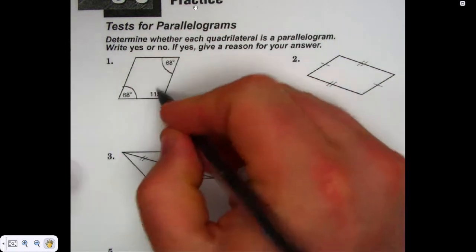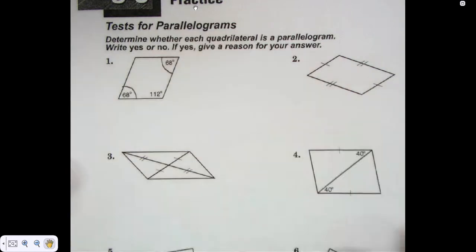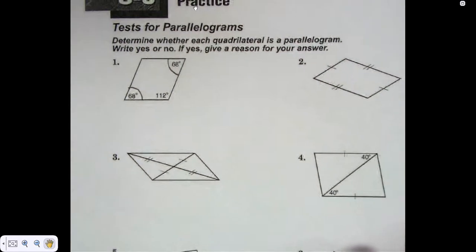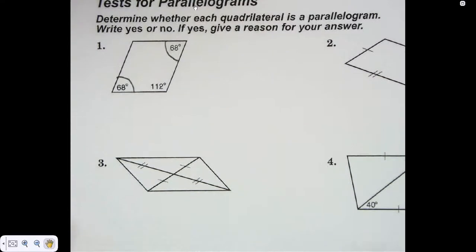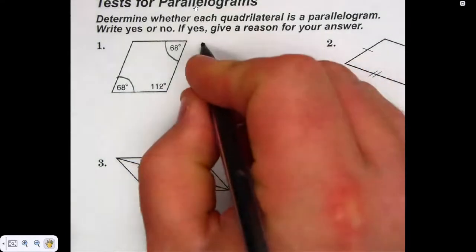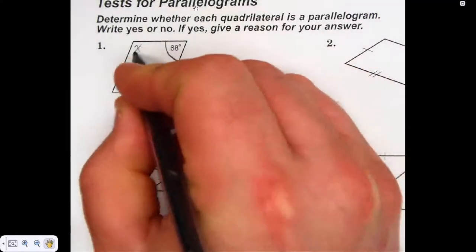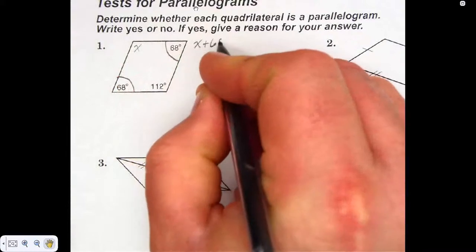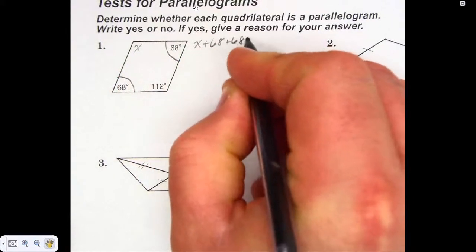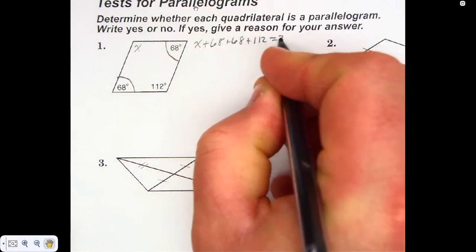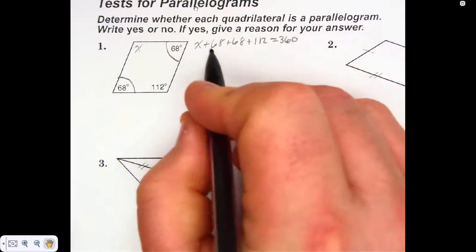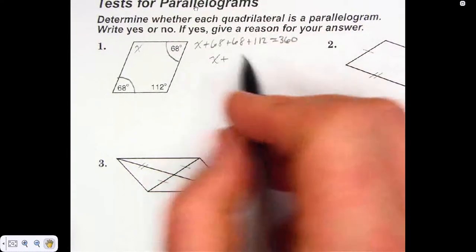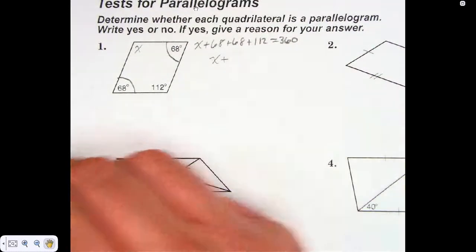If this one's 112, this one has to be what? How can I be for sure? How can I find that out? What do I know for sure about a four-sided figure? The angles add to what? So I could call this x, and I could say x plus 68 plus 68 plus 112 all has to equal what? What happens when I add all these up? Somebody tell me what that is.